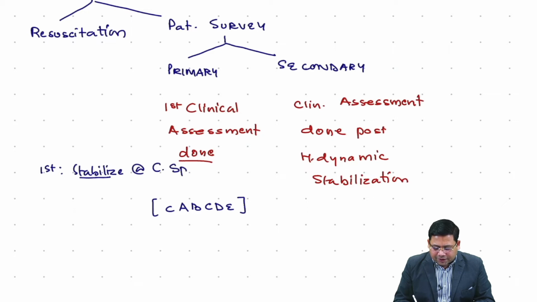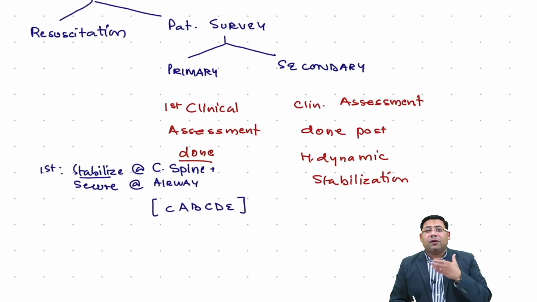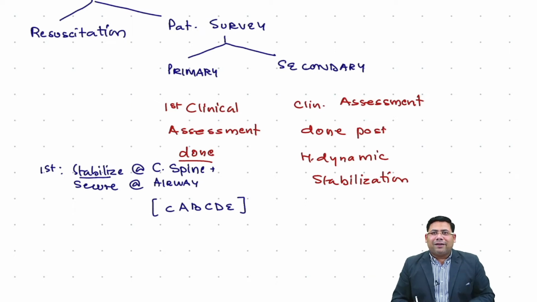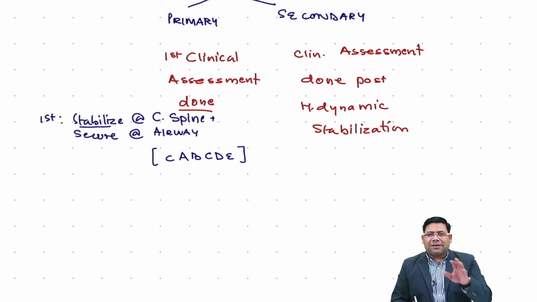Stabilize the cervical spine, and along with that secure the airway. Why is cervical spine stabilization important? Because injury can cause a cardiac arrest. Why secure the airway? Because the most common cause of early death is airway compromise. So secure the airway, stabilize the cervical spine, and then start with CABCDE.